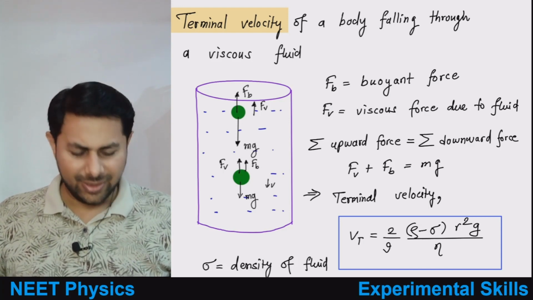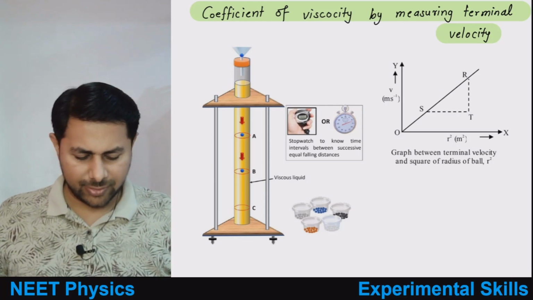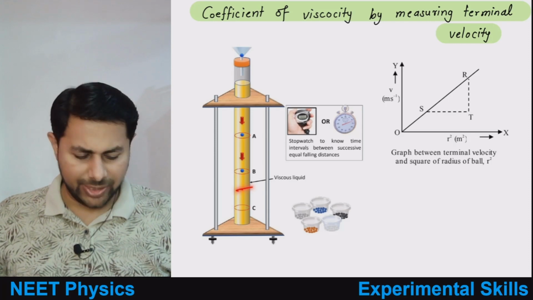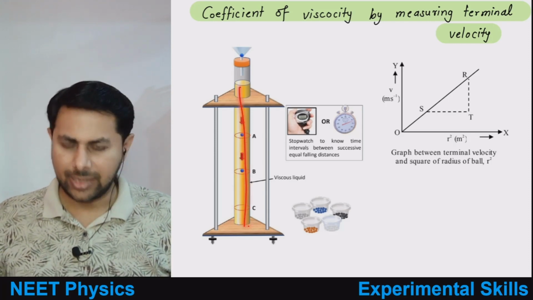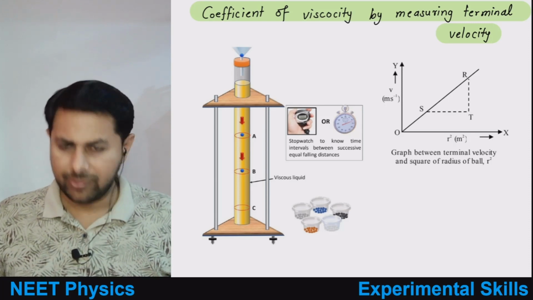Okay, so now see, this is the experimental setup. You have some viscous liquid, for example, mercury, very viscous.